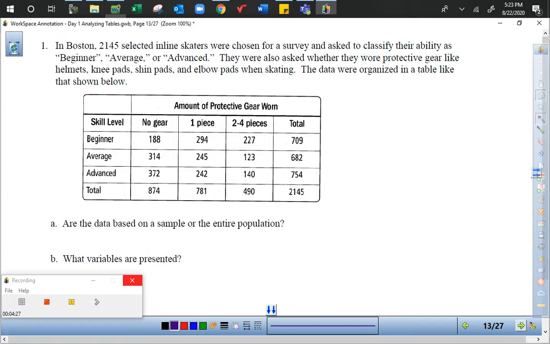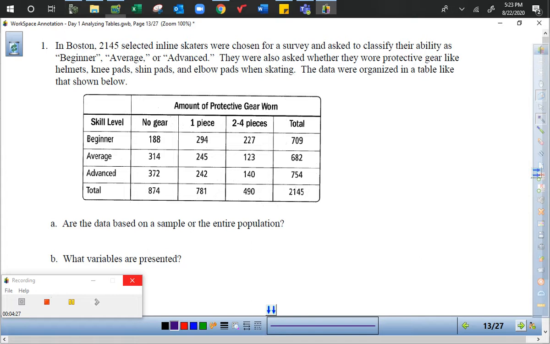So, the first question we have, it says, are the data based on a sample or the entire population? So when we're trying to think about this, the first question we need to ask ourselves is, what is the population? You know, who are we trying to gather this data about? So if we're thinking about this amount of protective gear and the skill level, you would think we're talking about the skaters.